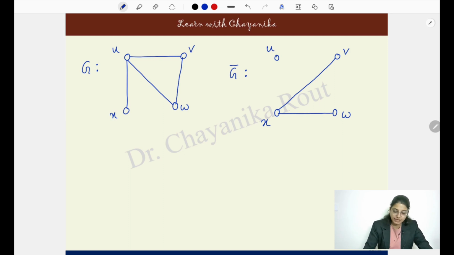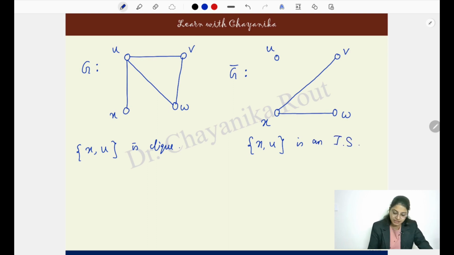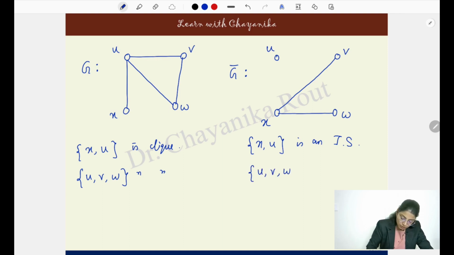Well, so what I need to mention here is that suppose in graph G we are having a clique, XU is a clique. In the complement you will see X and U is an independent set. See, U and X are non-adjacent in G complement, so that is an independent set. You will see U, V, W is a clique in the graph G, and the same set U, V, W is an independent set in the complement because every pair in this set are non-adjacent vertices.